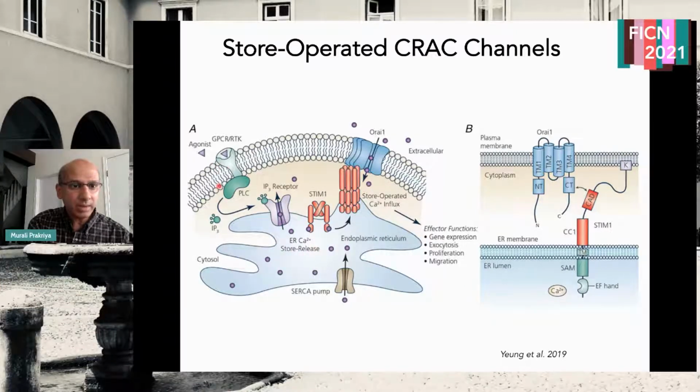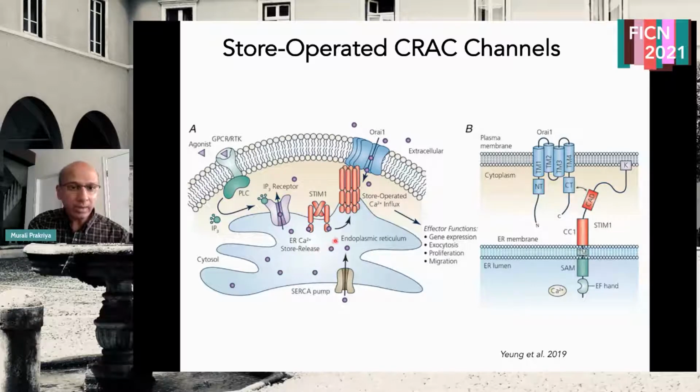Now, physiologically, stimuli that deplete ER calcium stores can be things like receptor tyrosine kinases or G protein coupled receptors that result in the production of the diffusible messenger IP3. When that activates IP3 receptors in the ER membrane and discharges the ER calcium store, it causes a lowering of the ER calcium concentration.